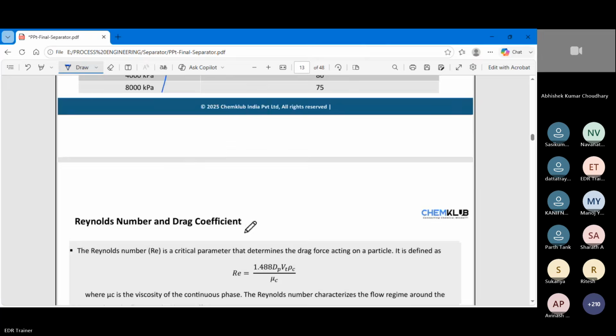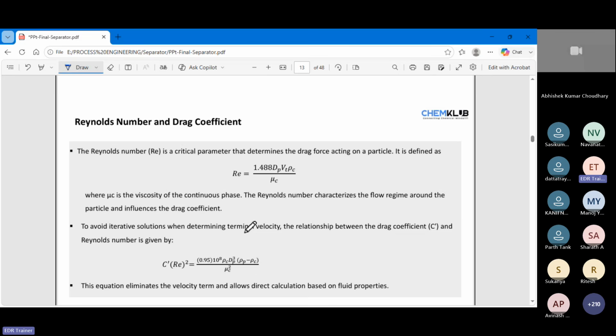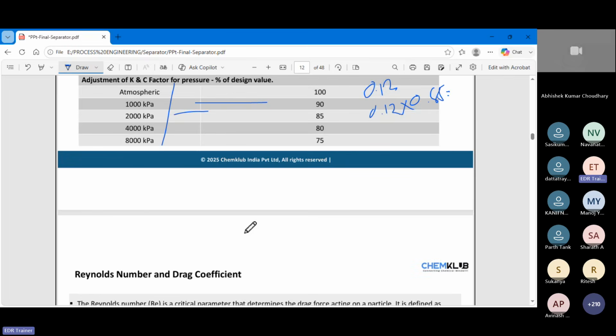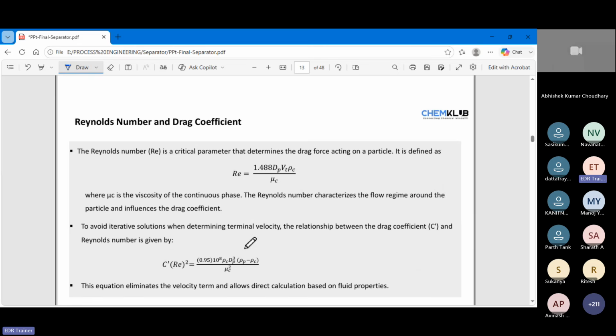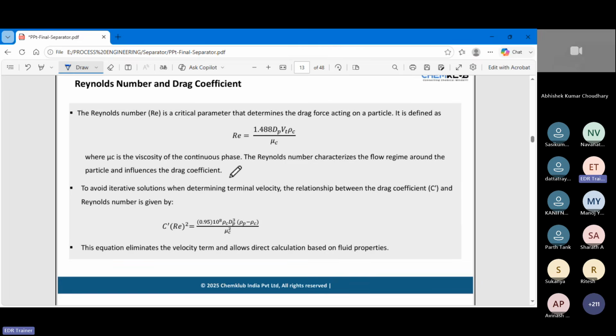Before calculating the K value, you need to calculate some basic information like Reynolds number. Reynolds number has a diameter of particle, but you don't have the diameter of particle.